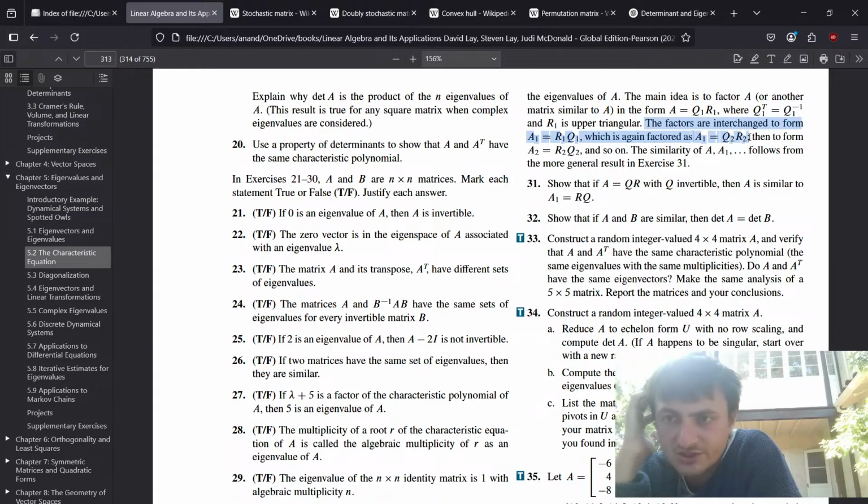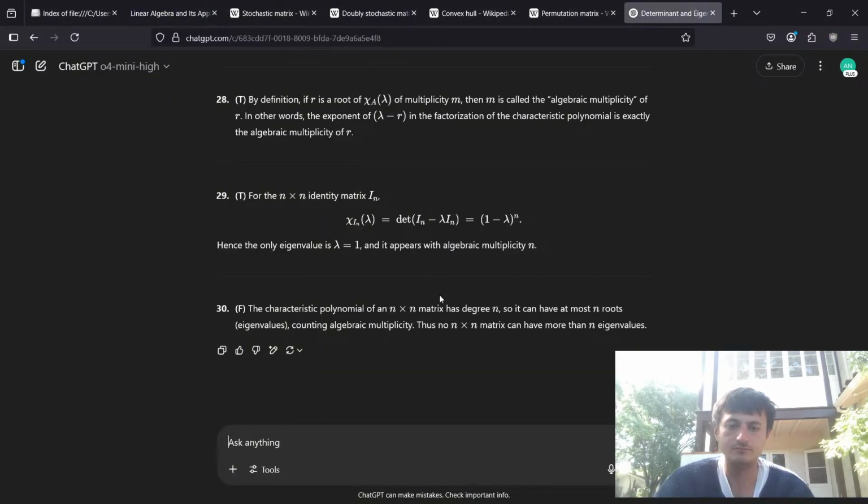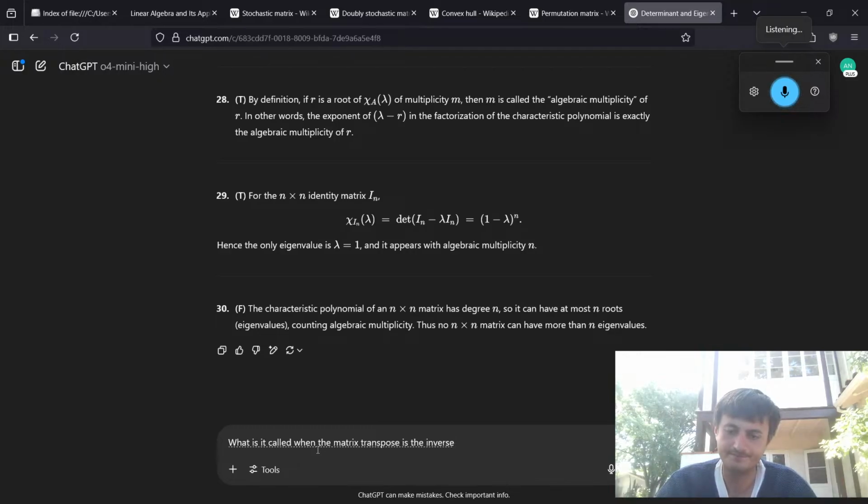But I think for 31, you don't need to use the triangularity of R. Is this property Hermitian? I forget. What is it called when the matrix transpose is the inverse?